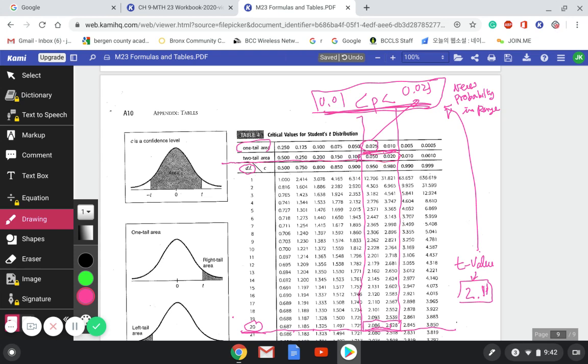So probability of two-tailed is between, P is between bigger than 0.02 and less than 0.05. Okay, here. Bigger than 0.02, less than 0.05. So that's two-tailed area for range of the probability, 0.02 to 0.05.